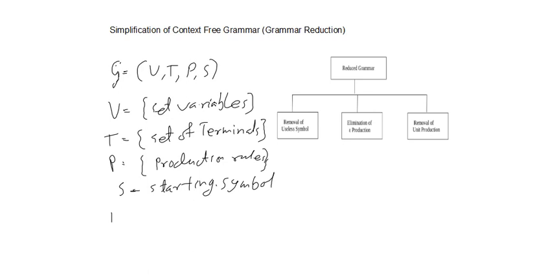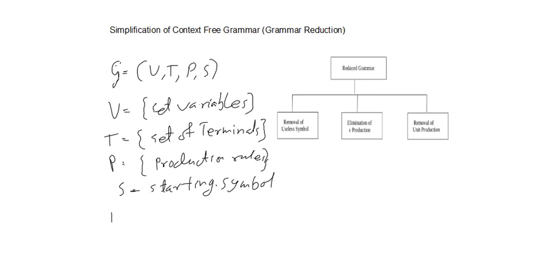A grammar is the set of rules and regulations to be followed in a language to get meaningful sentences in that language. If you do not follow that set of rules, the obtained string may not be acceptable by the language. So the grammar is important, and the production rules defined in the grammar are important for that specific language.